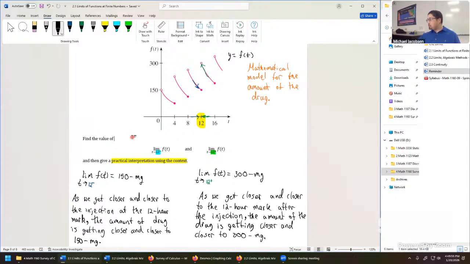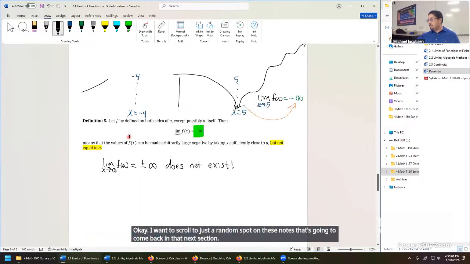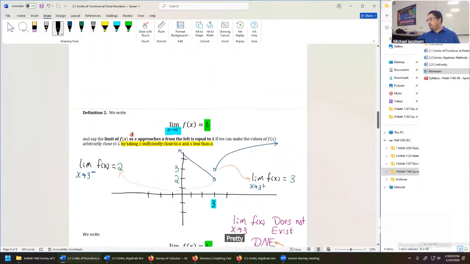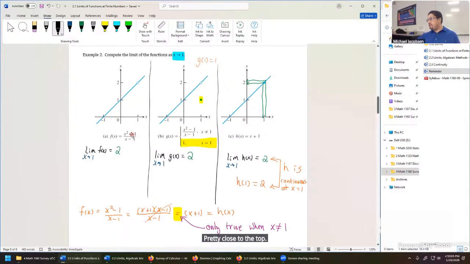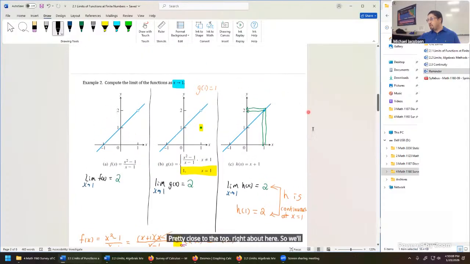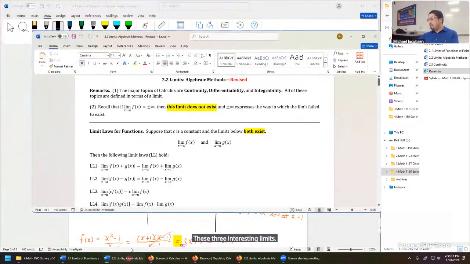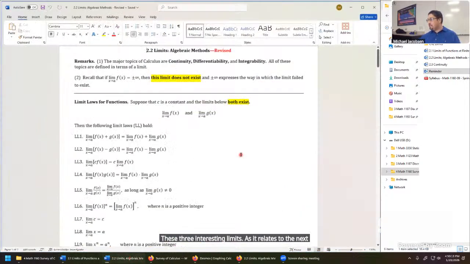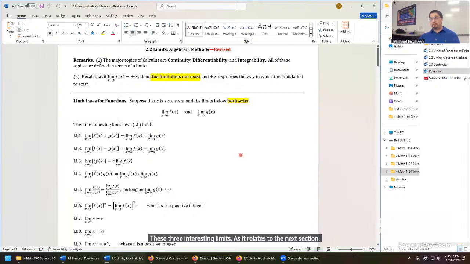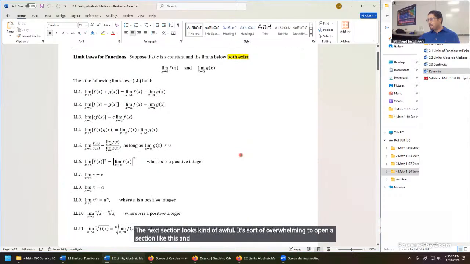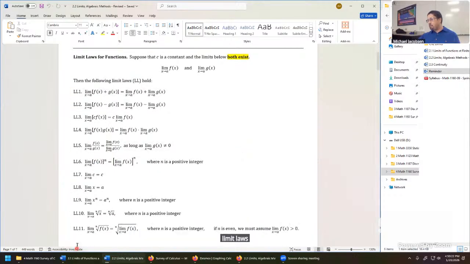Okay, I want to scroll to just a random spot on these notes that's going to come back in that next section. Pretty close to the top, right about here. So we'll take another look into these three interesting limits as it relates to the next section. The next section looks kind of awful. It's sort of overwhelming to open a section like this and see limit laws that go from 1 through 11.